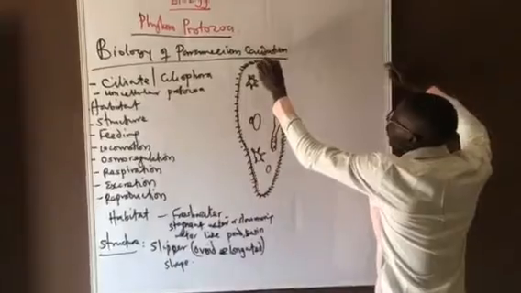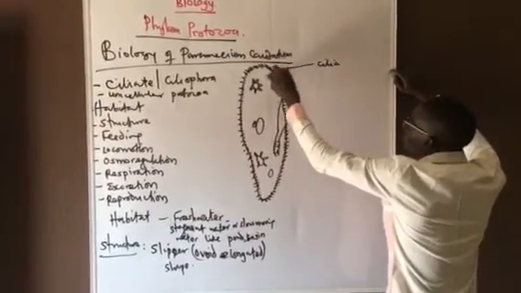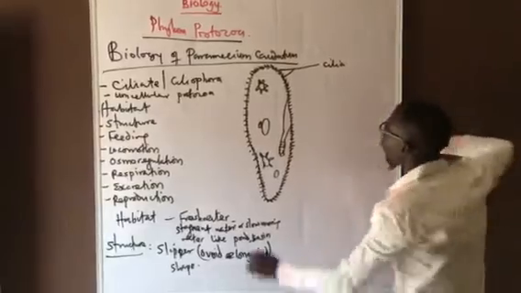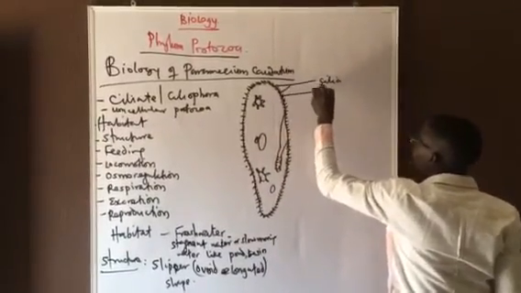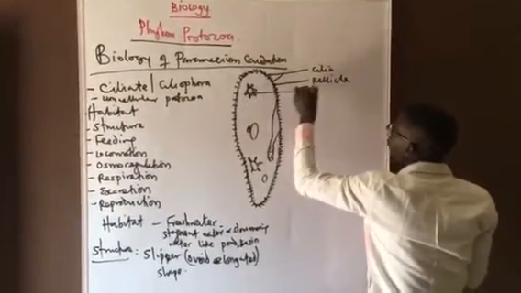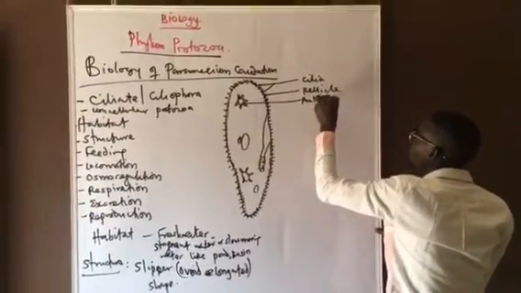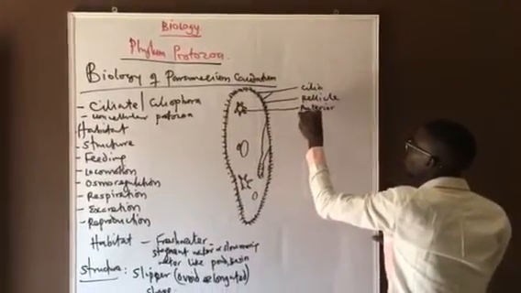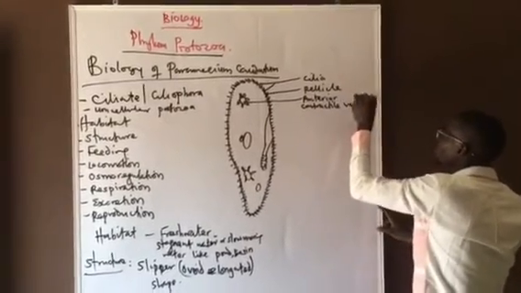So inside we have the cilia. We have the pellicle. We have the anterior contractile vacuole.